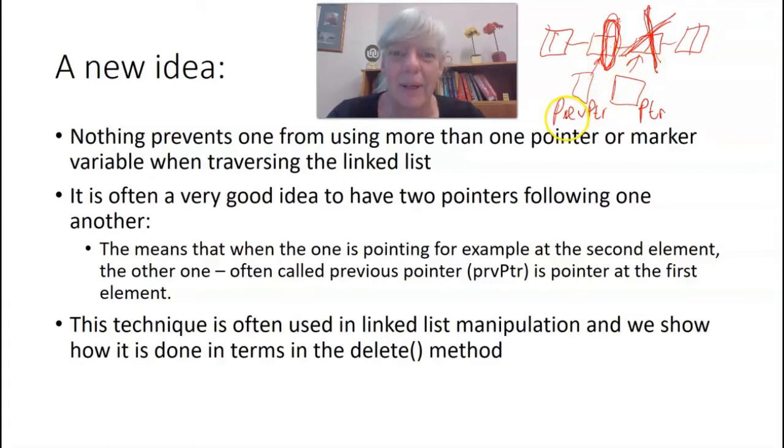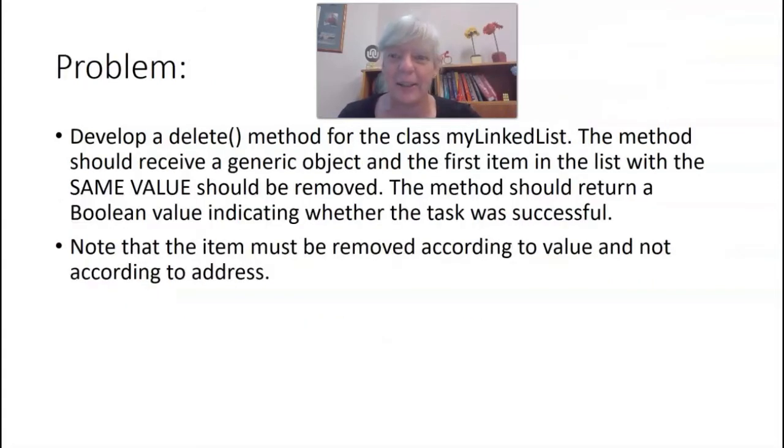So if I have a previous pointer, that every time I move pointer, I move previous pointer as well, and previous pointer always points to the one previous to pointer, then I solve my problem. And we use it all the time. We figure out for your exam also many questions where this is necessary.